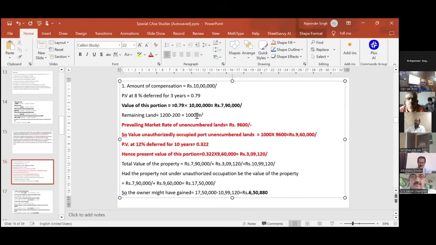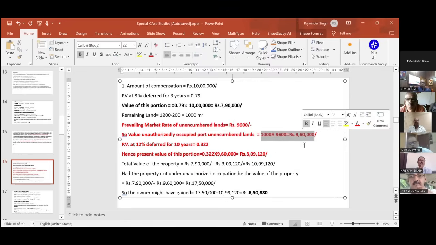It is given that the prevailing market rate of unencumbered land is 9,600. So the value of unauthorizedly occupied land becomes 96,00,000. This is the value as on today.